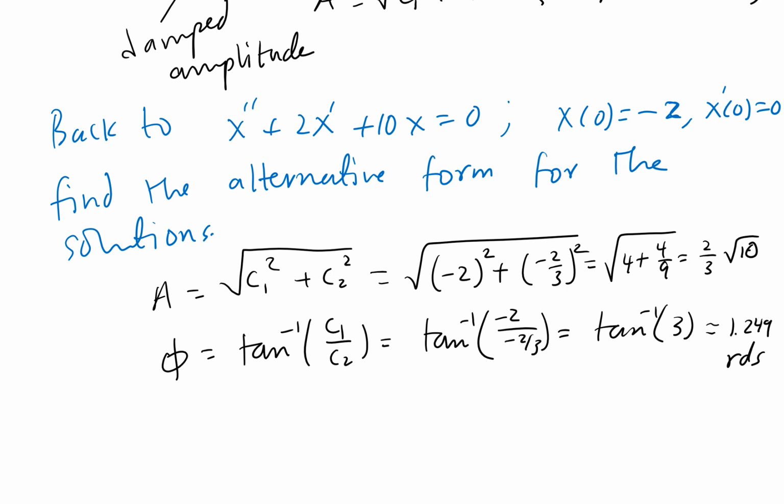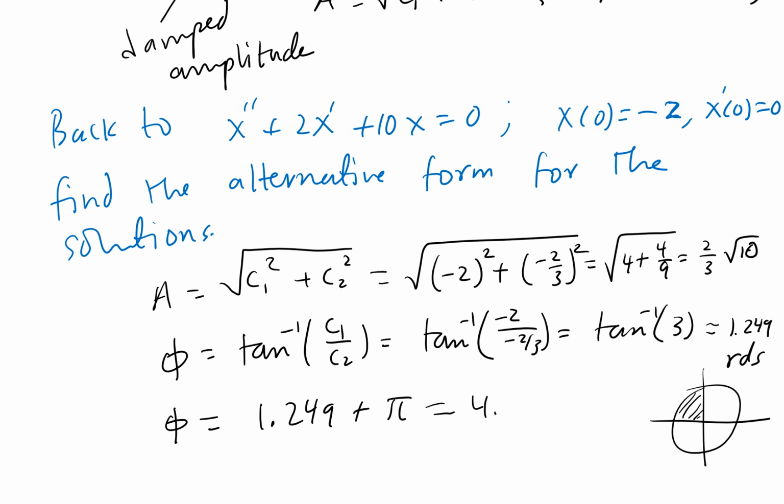But remember, these two c's are both negative, so this means phi must be located in the third quadrant. So to find exactly what phi is, the number I just got, 1.249, you add pi to it. That gives 4.391 radians. That's phi. And I found A.